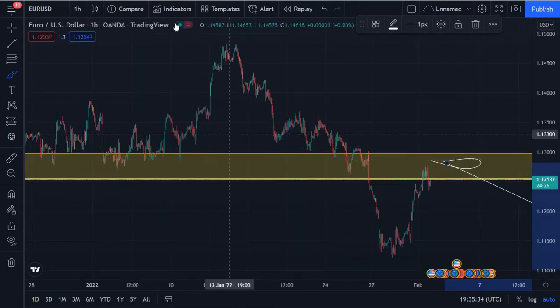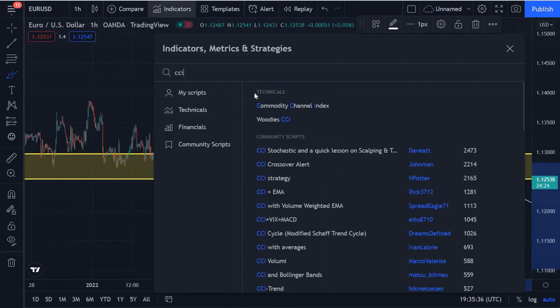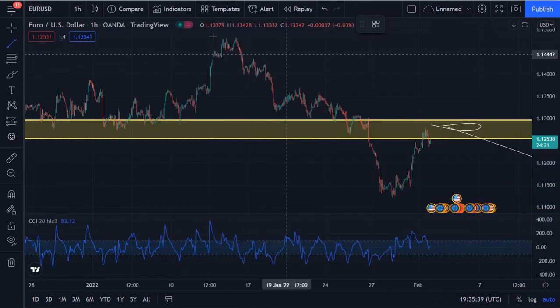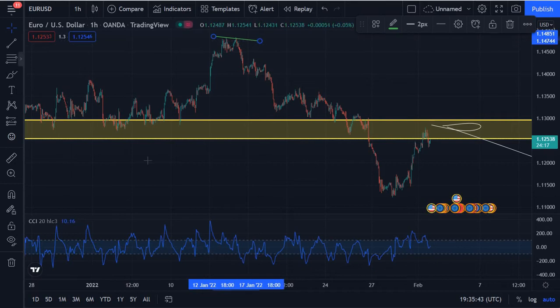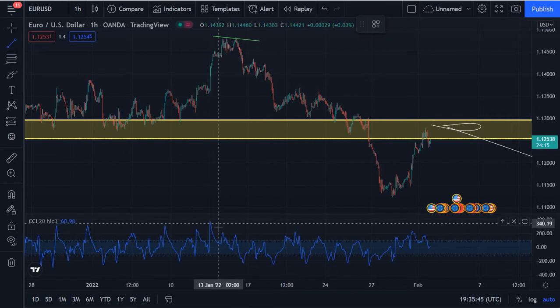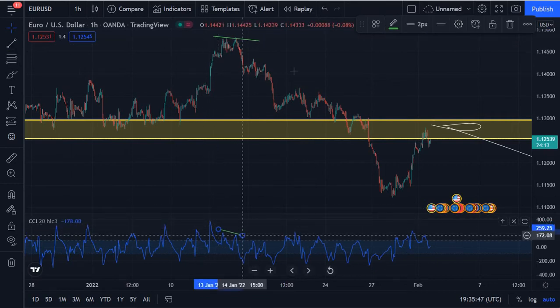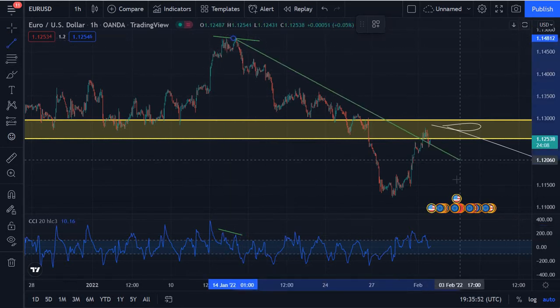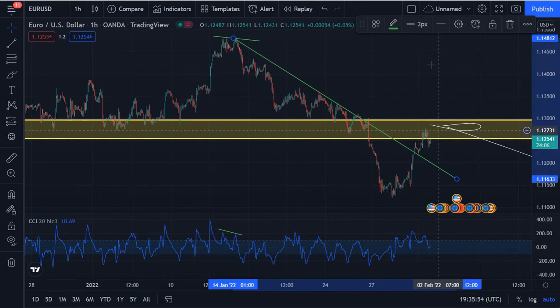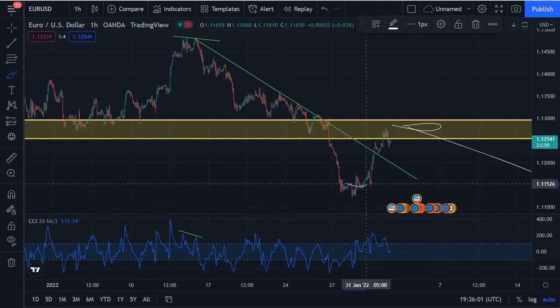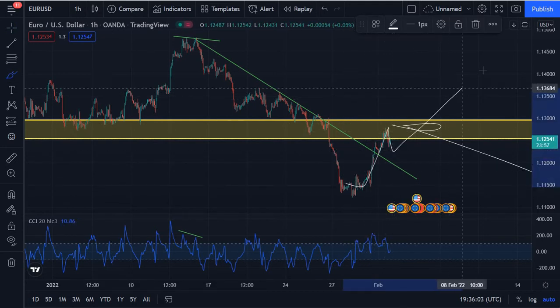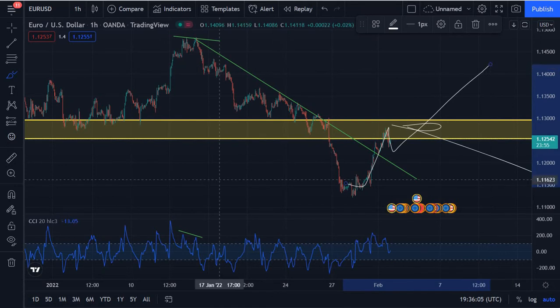If we scroll down to the 1-hour chart and the CCI, pretty much what we saw here again, the same pattern as we saw on the daily, double top, and here somewhere again a bit of a divergence on the 1-hour chart, and here now this trend line, a bit of a breakout above it, which always could be a false breakout or a change of direction, which means we could here see this move going on as well.